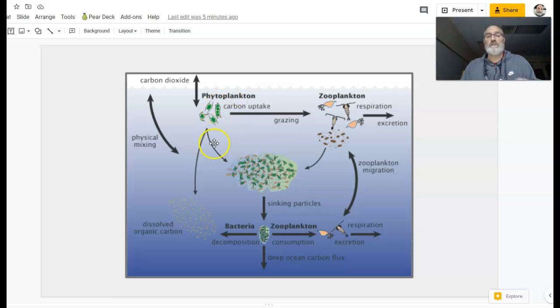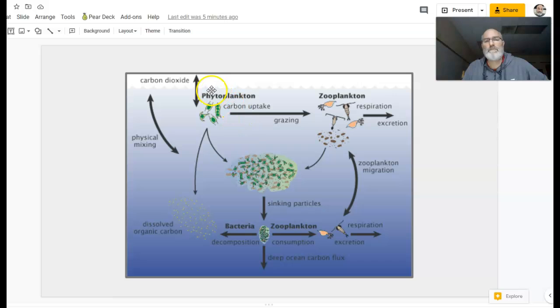So right there is an important impact that phytoplankton have on you and me. They're actually absorbing carbon dioxide from the air for us. And if you know anything about global warming, the amount of carbon that's in our atmosphere is of concern to scientists. So the fact that phytoplankton is absorbing some of that carbon dioxide for us is actually a win.